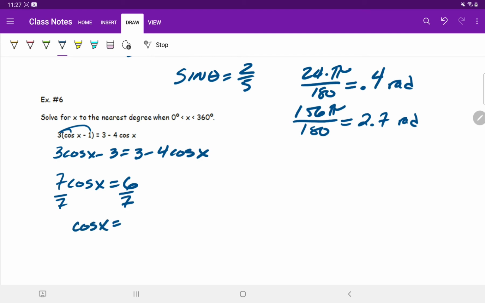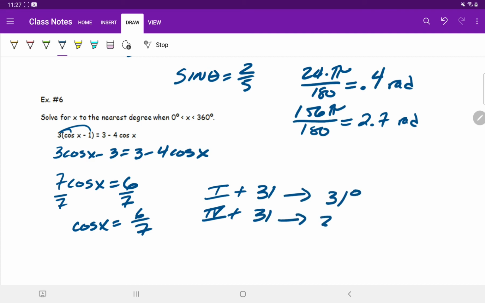Cosine of x equals 6/7. So we're going to be in quadrant 1 and quadrant 4. They're both positive. This is about 31 degrees as my reference. So let's say 31 degrees, and 329 degrees.